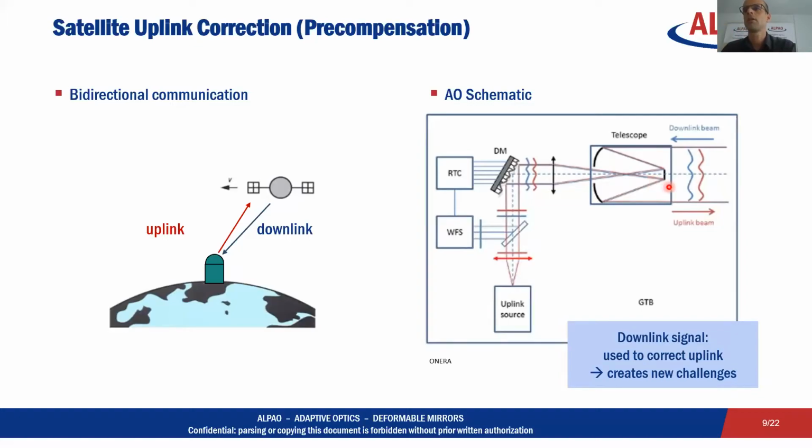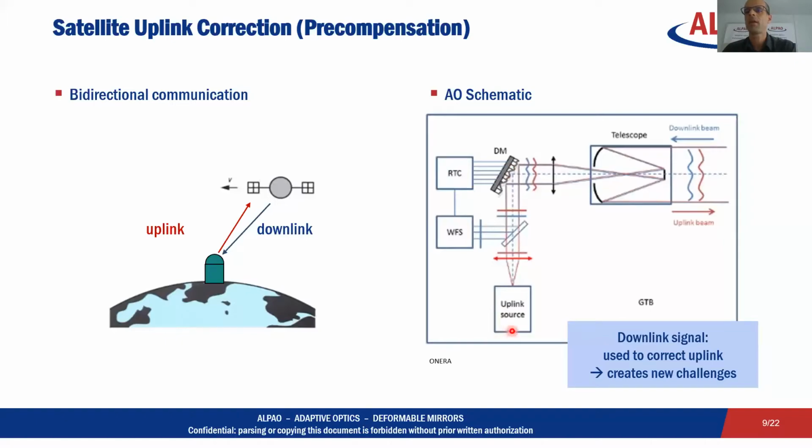So let's go through the system. We have the downlink beam coming in here, received by the telescope. It's hitting the DM. From there, it goes through a beam splitter, and this is really classical sensing by the wavefront sensor, and the RTC commands the DM to put it in the right shape.